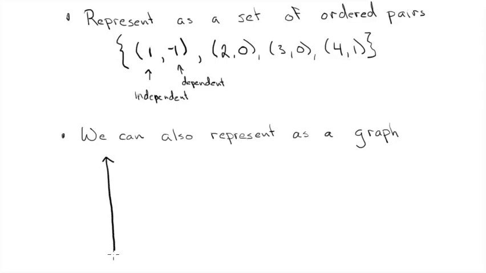So usually always we're going to have a horizontal and a vertical axis. The horizontal axis will be our independent variable x, or our domain, and the vertical axis will be our dependent variable f of x. So I just need to put these 4 points onto my plane here.